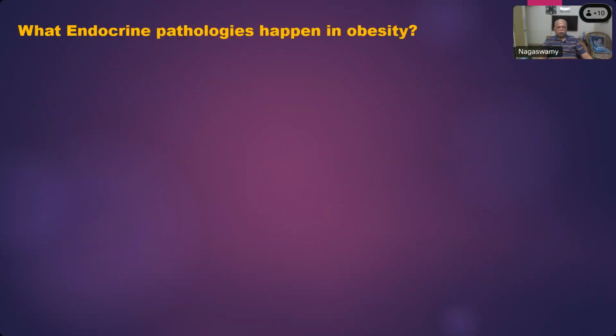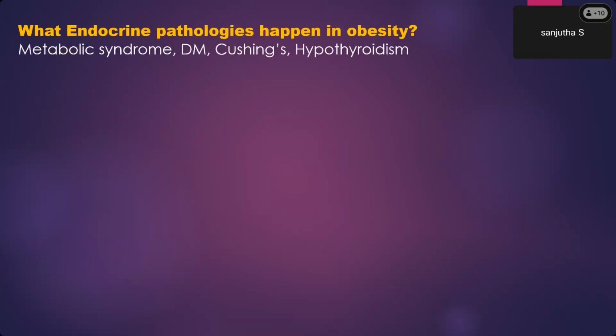Now, what are the endocrine pathologies that can happen in obesity? Which are all the endocrine organs which can be either causative for obesity or get affected because of obesity? Metabolic syndrome. We have seen metabolic syndrome, diabetes mellitus. These two can be caused by obesity itself.